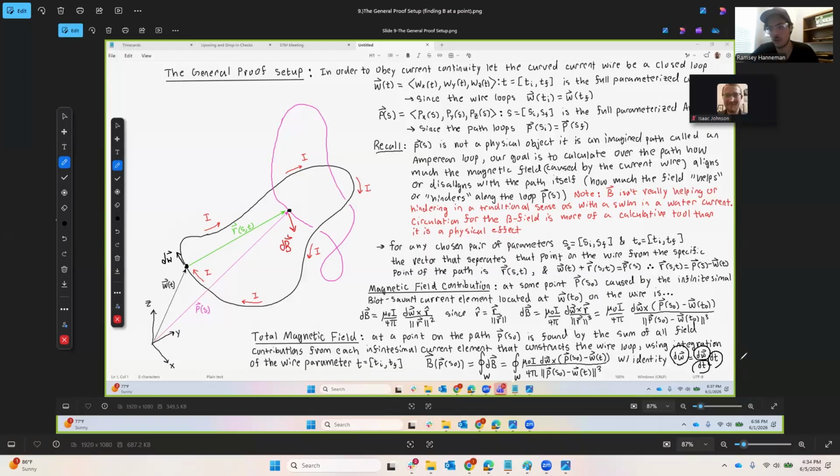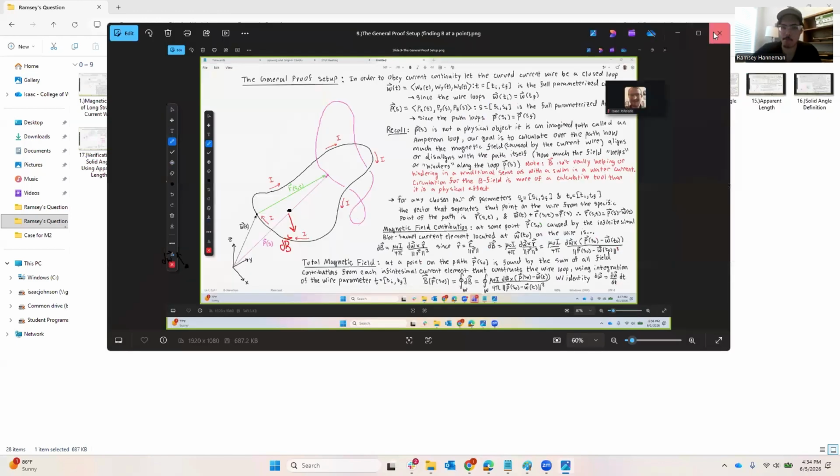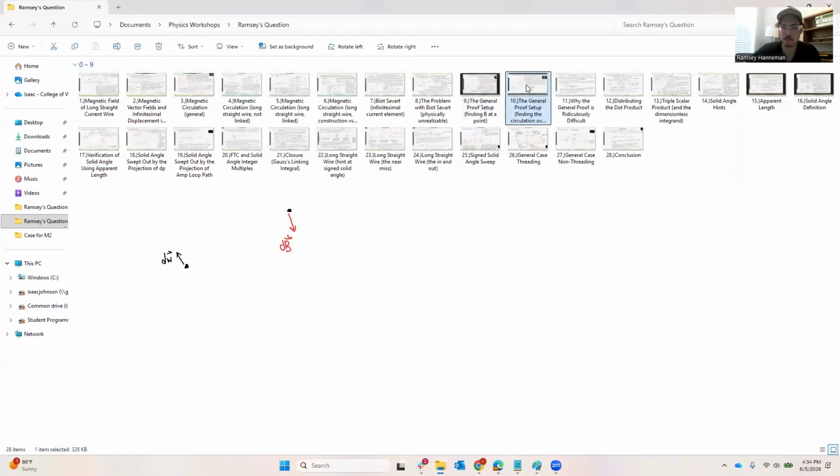And then you can integrate the scalar parameter t as opposed to integrating with some vector element. And they do that a ton in Calc 3, right? You almost always end up integrating in t, right? Yep. So that's how hard it is to find the field at a single point.